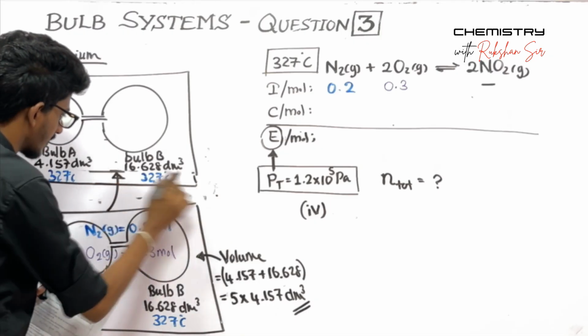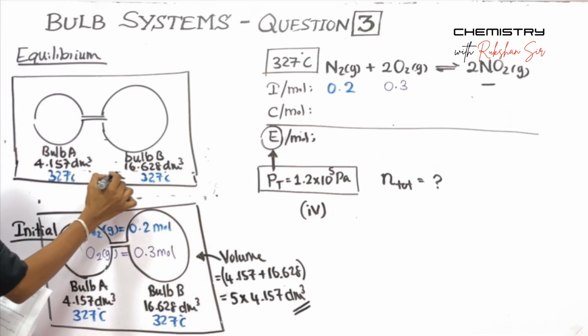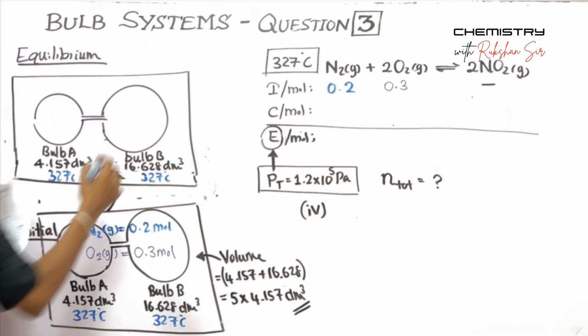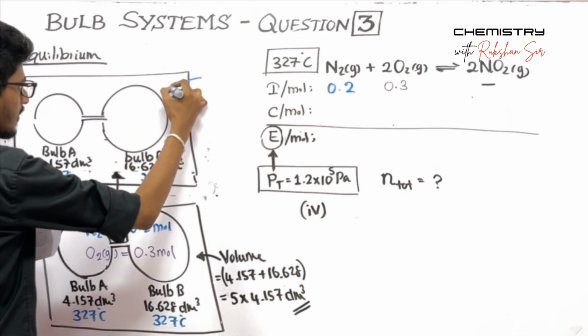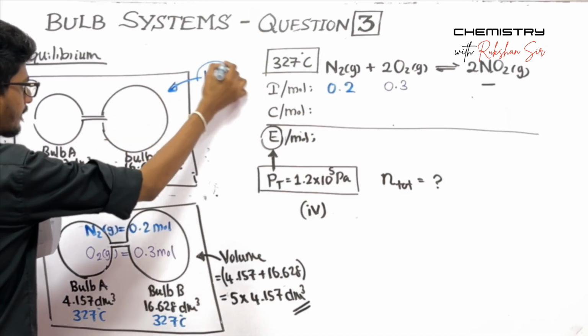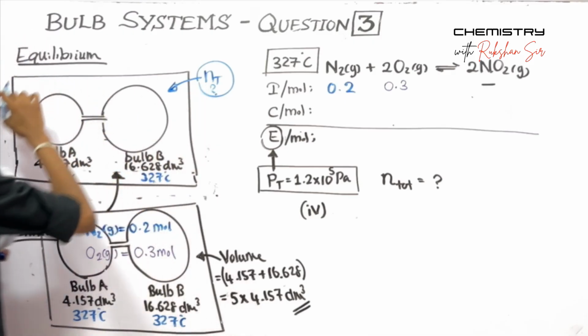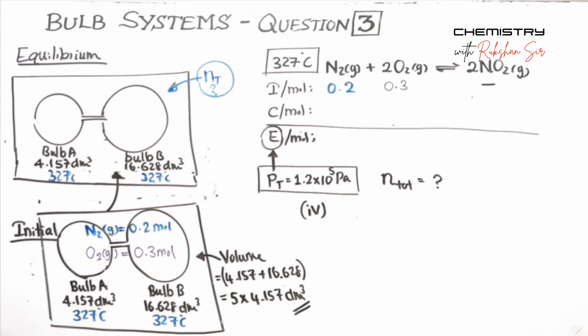So what they are asking is the total number of moles here. Total number of moles here. That is what they are asking, right? In total here, at the final system, right? This initial system is final system, right? Okay.